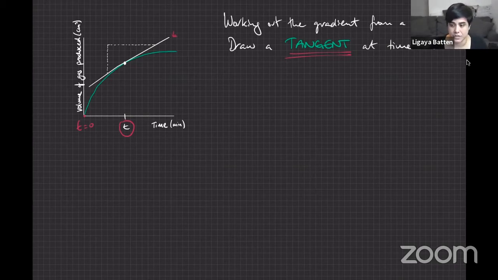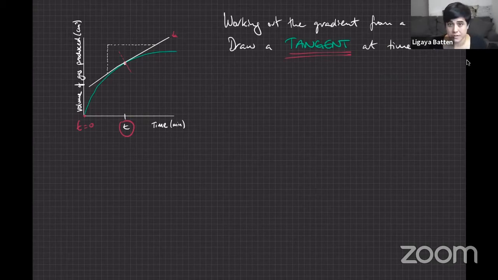This is our tangent. This is our point, time equals t. The normal would be something like this, and our tangent is perpendicular to that normal. The main thing you need to think about when you're drawing a tangent is to place the ruler at that point and make sure that the line you're going to draw for your tangent doesn't cross the curve at any other point apart from time equals t.